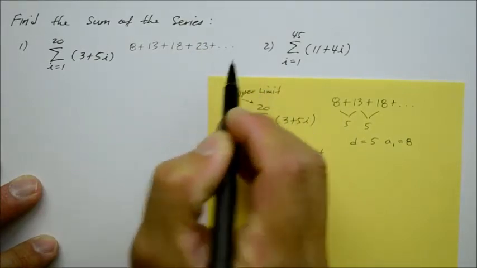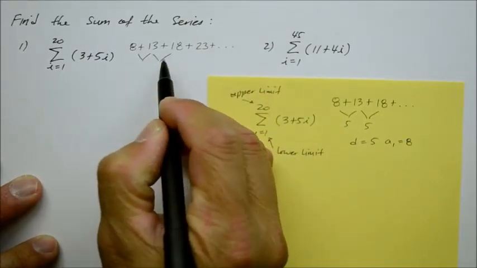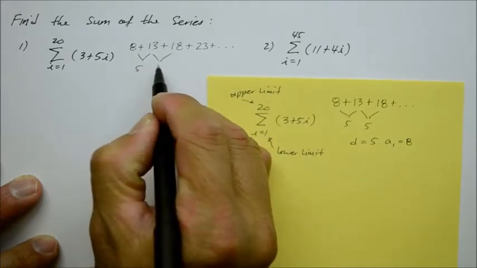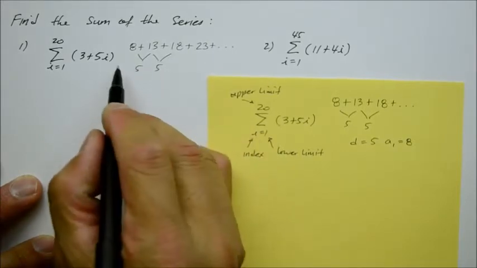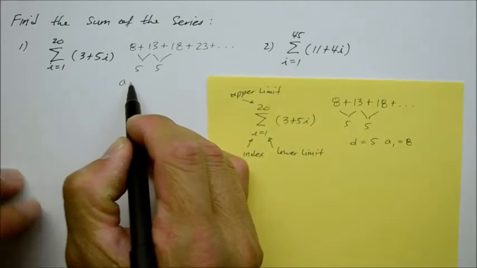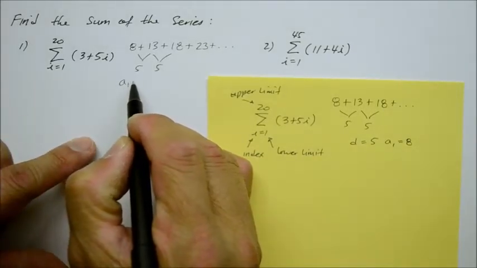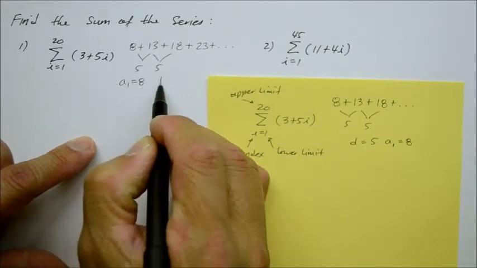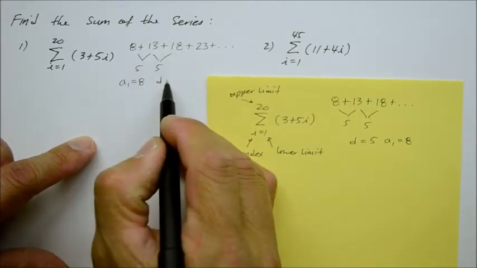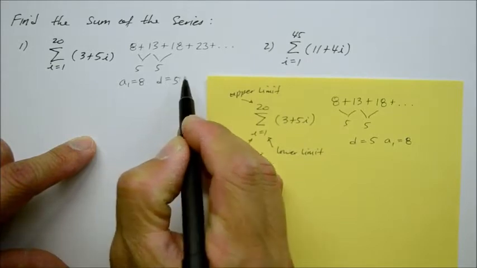And we could go on and on. The difference between each of those numbers is 5. So the initial number, from plugging in the 1, is going to be 8, and the common difference is going to be 5.